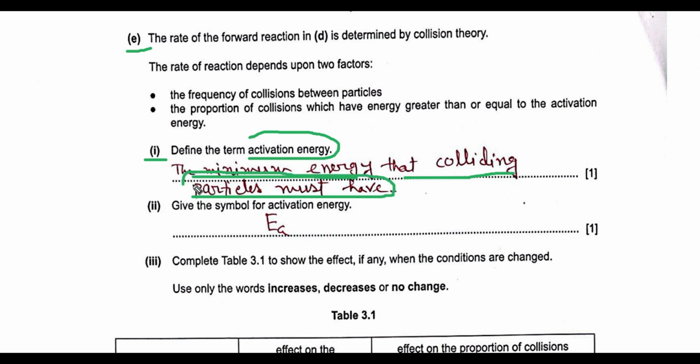The minimum amount of energy that colliding molecules must have is known as activation energy. And number 2, give the symbol for activation energy. The activation energy symbol is EA, which means activation energy or energy of activation.